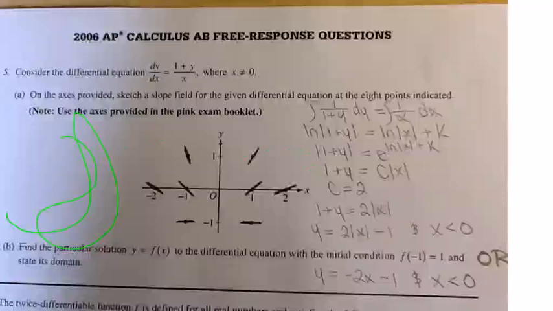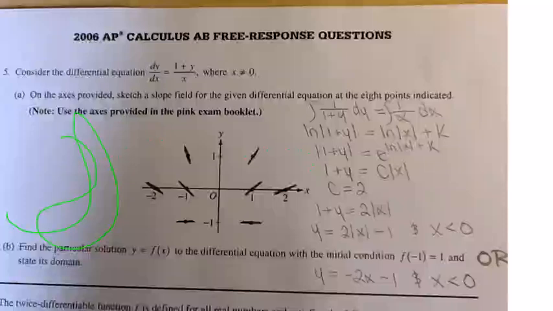After that, you have to take the antiderivative. As we know, the derivative of ln of x is 1 over x. So the antiderivative gives ln of the absolute value of 1 plus y equals ln of the absolute value of x plus k.